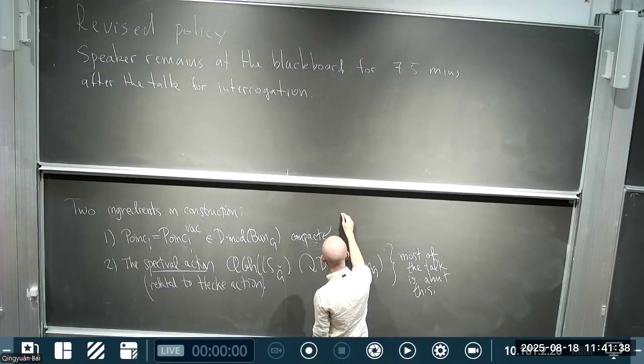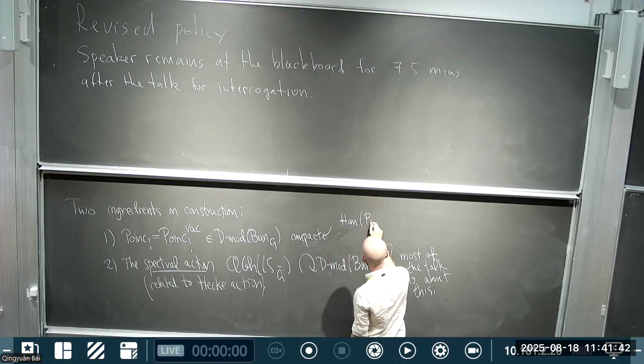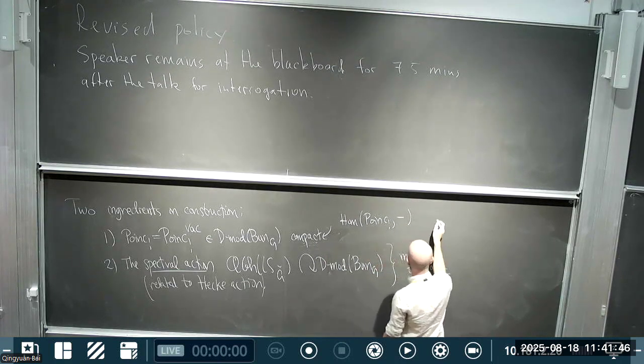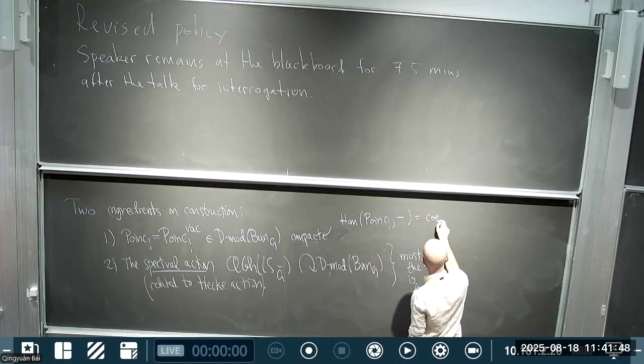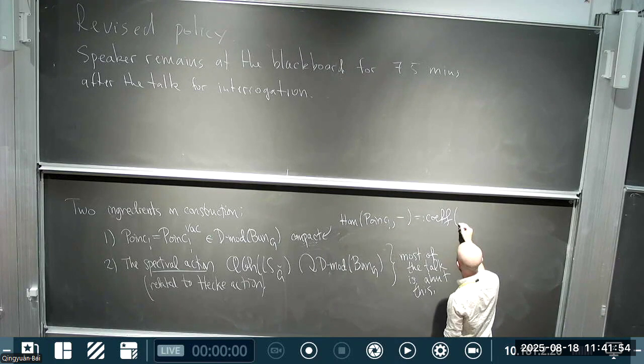What this means is that the functor of maps out of this Poincare object, which is by definition going to be what we call the basic Whittaker coefficient, commutes with direct sums.